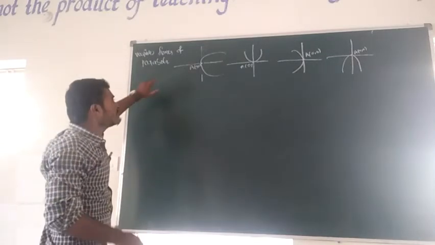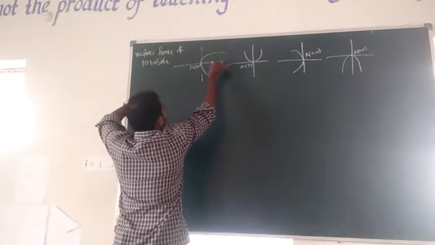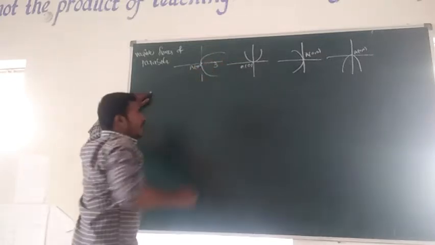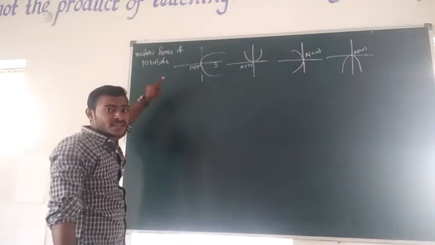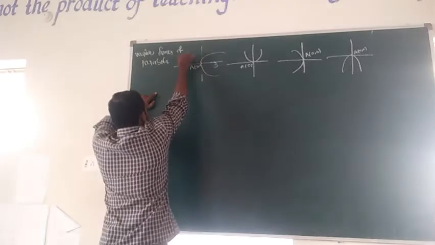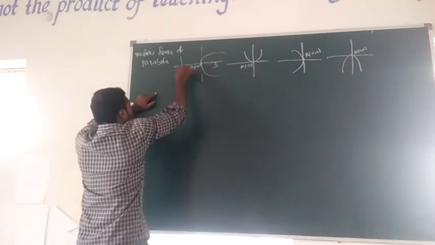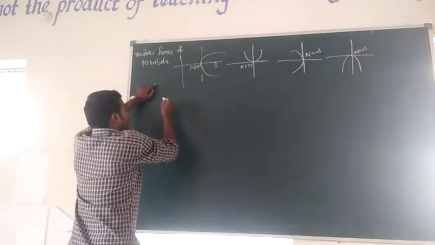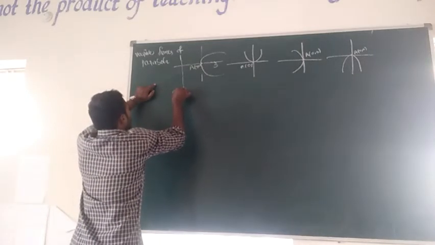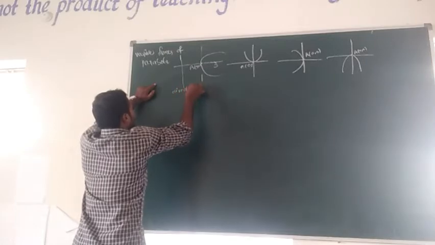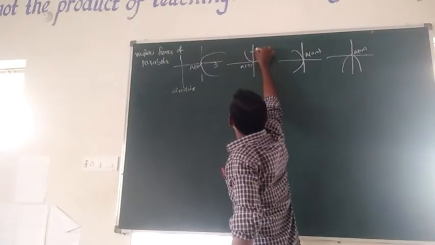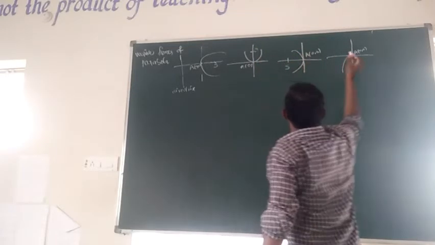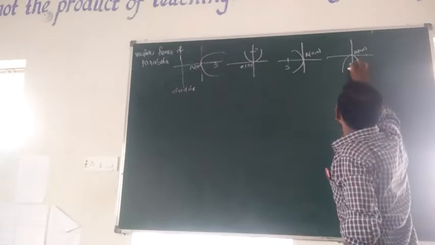After getting the vertex, the focus is always inside of the curve, that is S. Here is a focus S, and here also focus S.